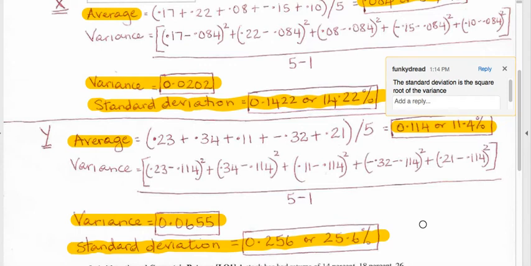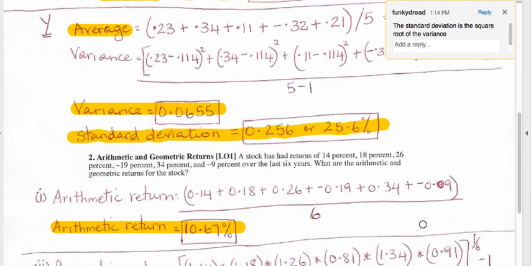The greater the volatility, the greater the uncertainty, or the greater the risk. I will also put a link on Canvas for you to learn how to find the variance and standard deviation of a sample using your calculator.